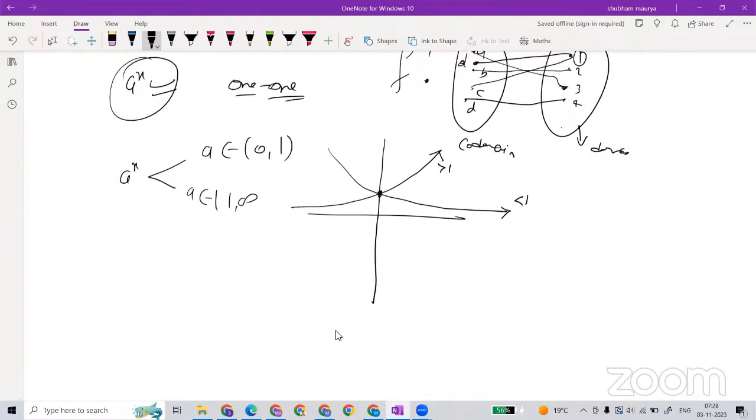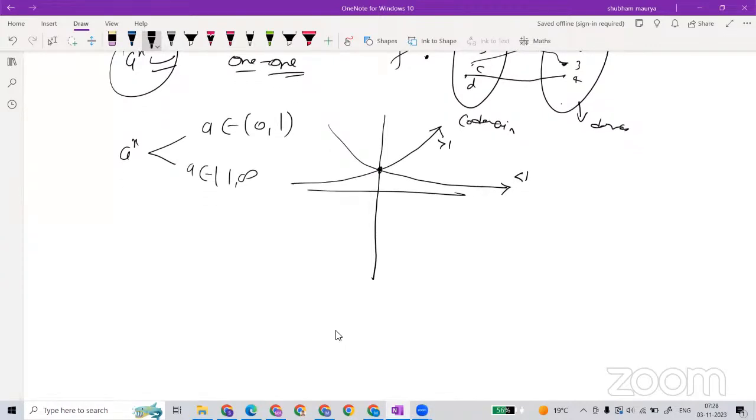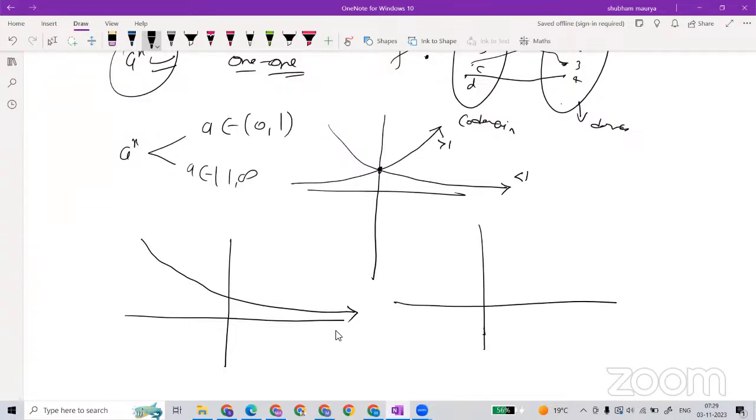So we will exactly construct the inverse. How can we construct it? The property of the inverse function is symmetry.